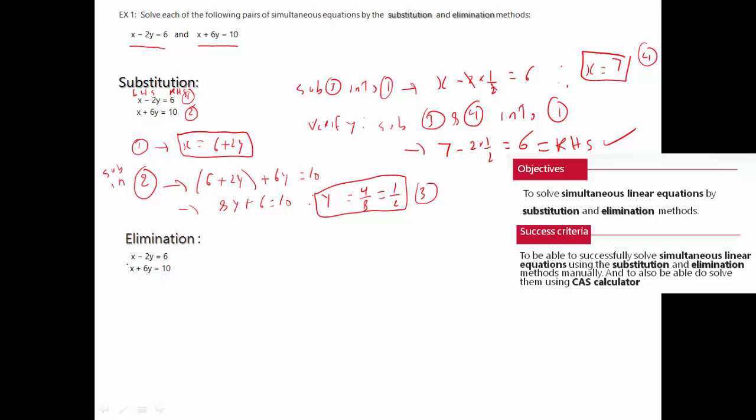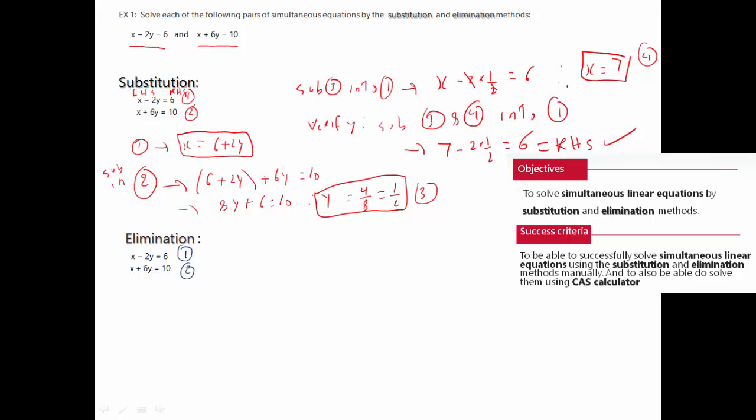If they have the same sign you subtract one from the other, if they have opposite sign you just add them, so x minus x cancel out. So this is the easiest because x have the same multiplier. This is equation 1, and that's equation 2.